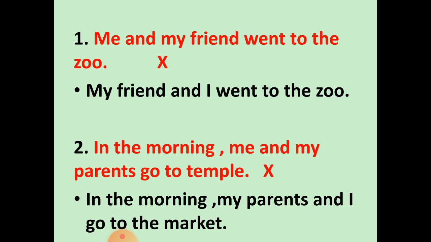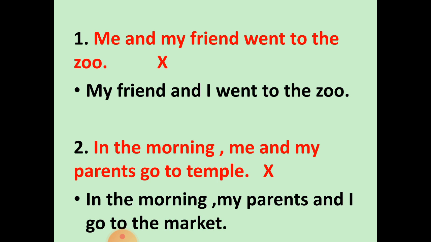And the most important thing is the major mistake that you make while writing your compositions also. So you need to keep this in your mind very carefully. Normally what do you say? "Me and my friend went to the zoo." You use it very much, right? So that is not the right way. The right way is "My friend and I went to the zoo."